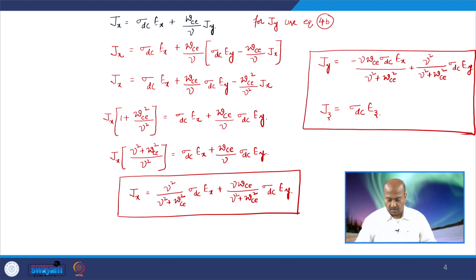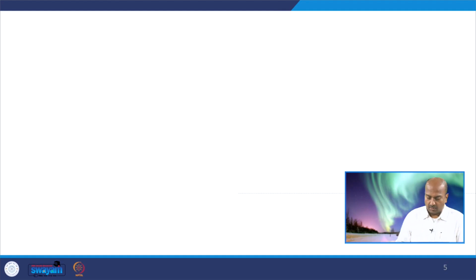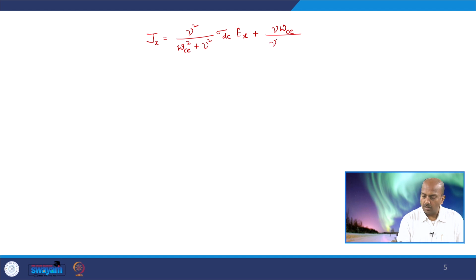So, let us write these three equations in a single place because they are very important for understanding the conductivity. Jx is equal to nu square divided by omega ce square plus nu square times sigma dc times Ex plus nu omega ce divided by nu square plus omega ce square sigma dc into Ey.